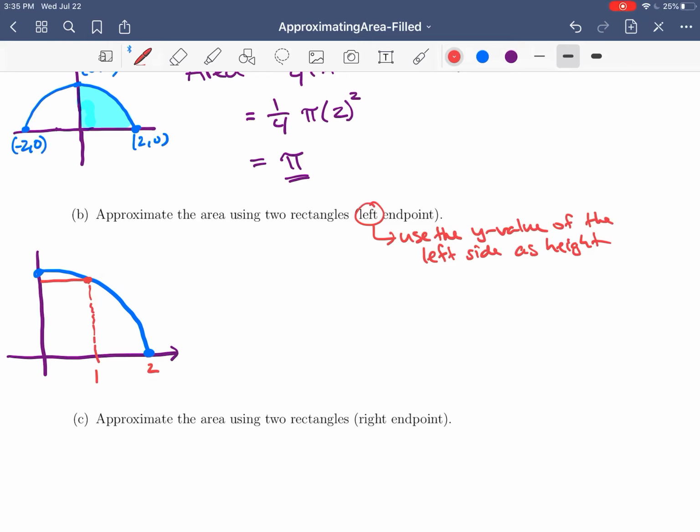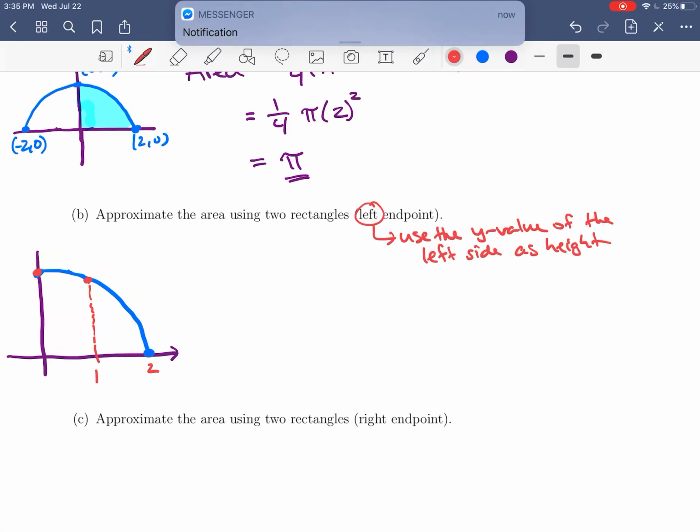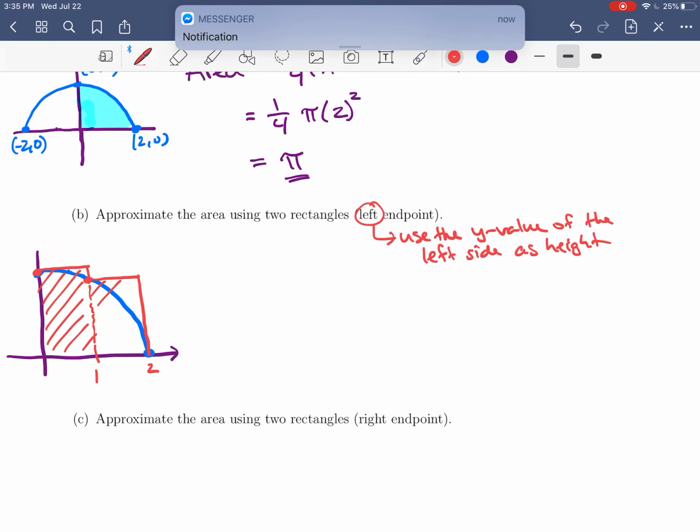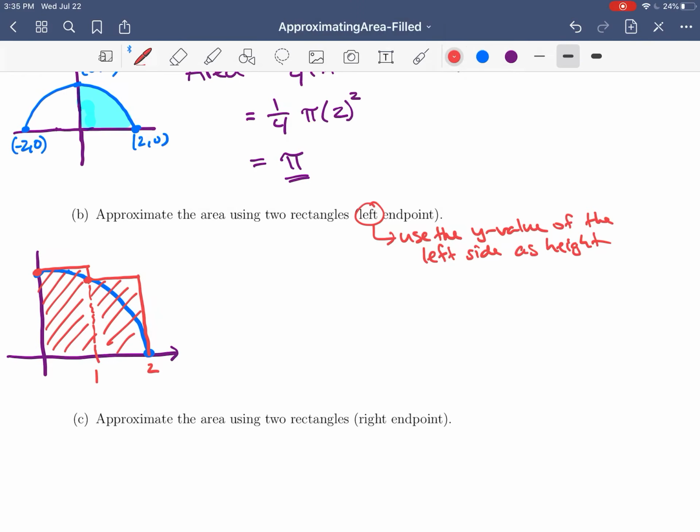Oh, I lied. That's the right endpoint. So for the left endpoint, we're going to use the left side height to make the height of our rectangle, and then similarly on this side as well. So I have 2 rectangles here. This one and that one.